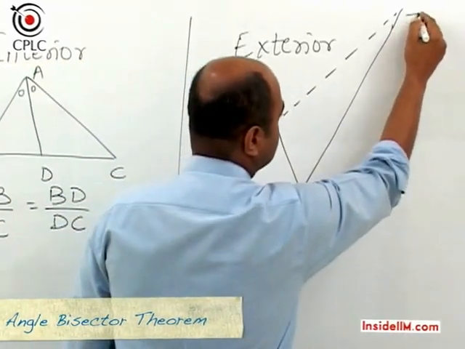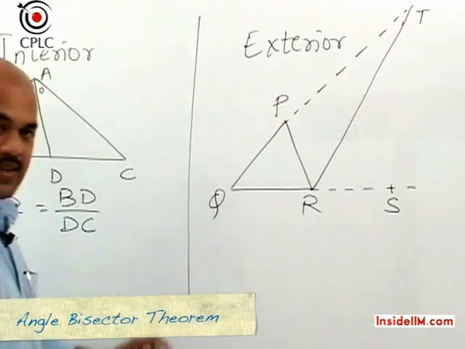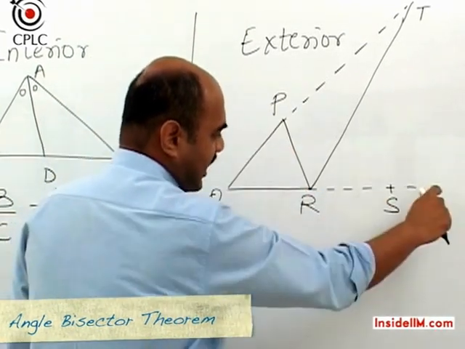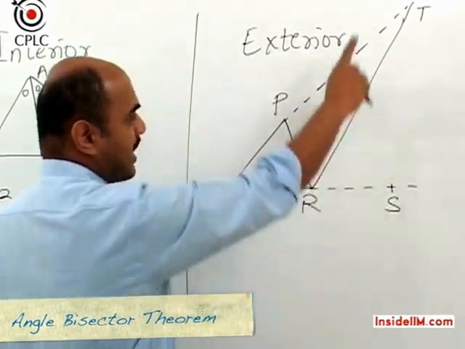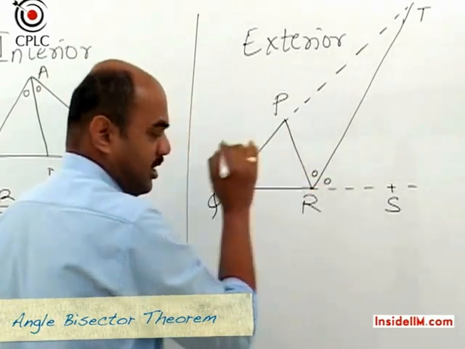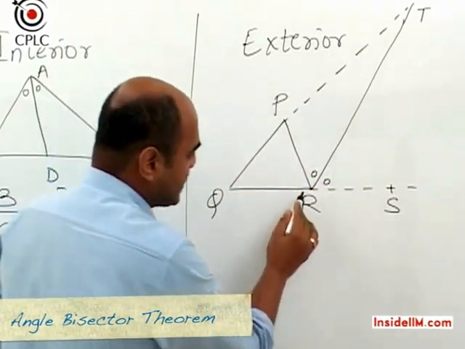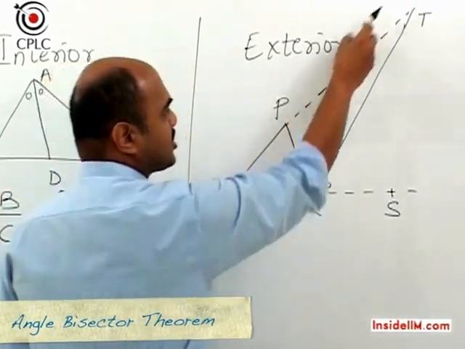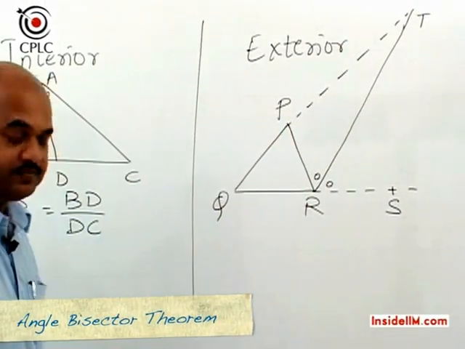So let's assume this point is T. Let's go through it again. PQR is a triangle. Exterior angle PRS is being bisected. So this angle is being bisected, and this angle bisector meets the other side PQ extended at point T.